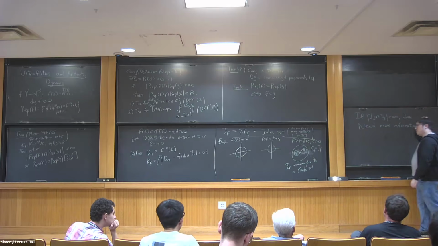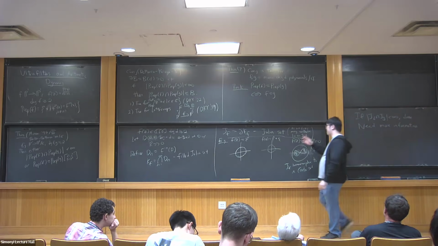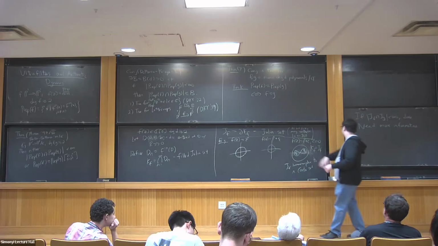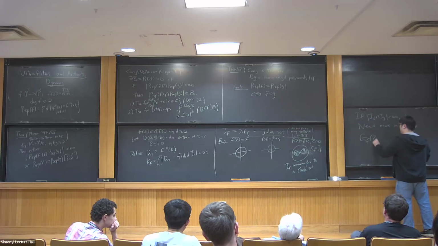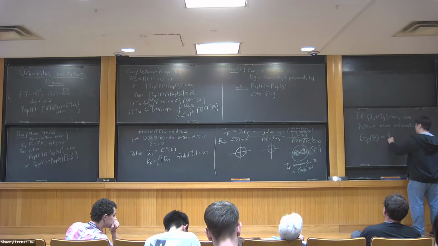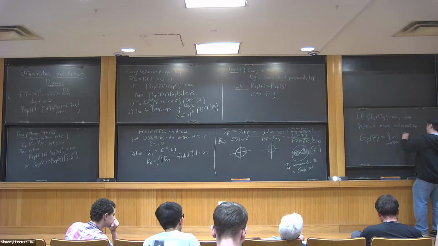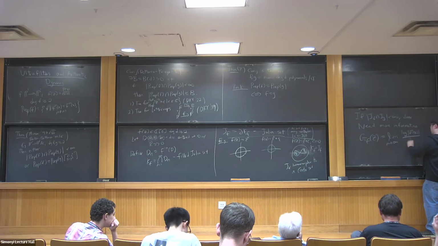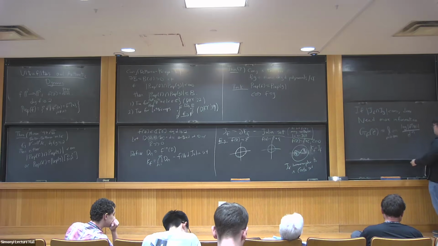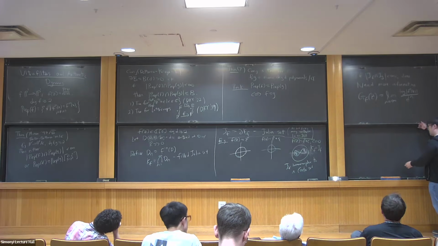The equilibrium measure is going to be supported on the Julia set. There's this escape rate function, which I call GF(z). It's the limit as n goes to infinity of log f^n(z) over d^n. You can show this converges, and it has some nice properties.